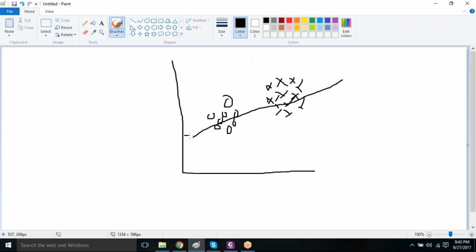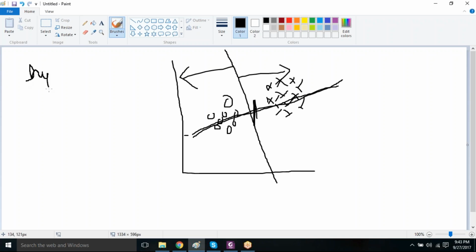Instead of finding a line like this and putting a threshold over it, we should find a line which can form a boundary, so that on one side there will be one class and on the other side there will be the other class. So for finding this boundary, the people proposed a different hypothesis, a different model, you can say. So if you remember, what is the regression model? The linear regression model.